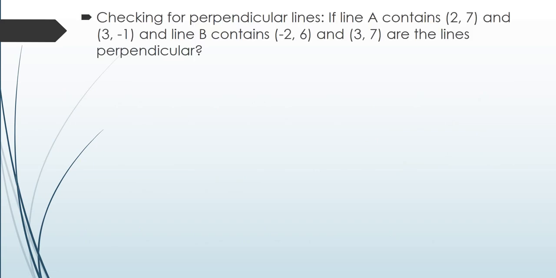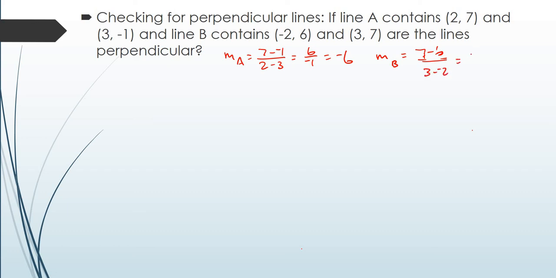And let's see what we can do with that. So checking for perpendicular lines. So again, we need to find the slope of each. The slope of A will be 7 minus a -1 over 2 minus 3. That's 6 over -1, or -6. The slope of line B will be 7 minus 6 over 3 minus a -2.